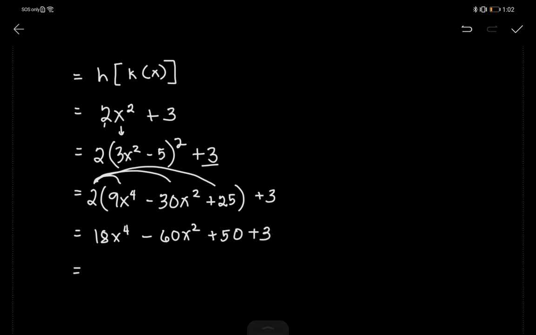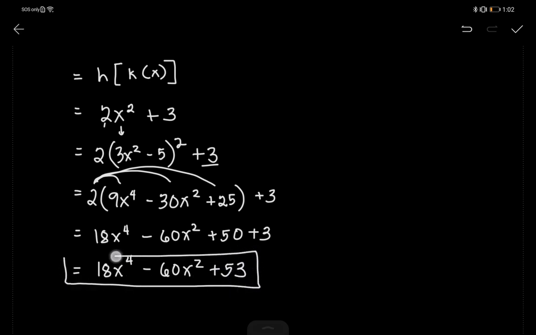Then simplify: 18x to the 4th power minus 60x squared plus 53. So we can say that this is the final answer.